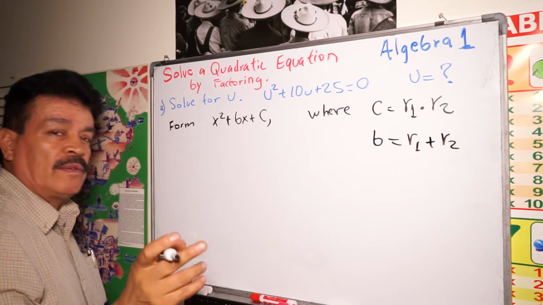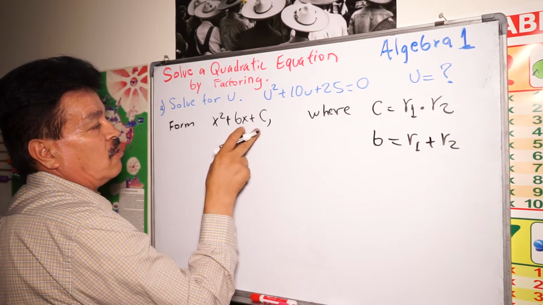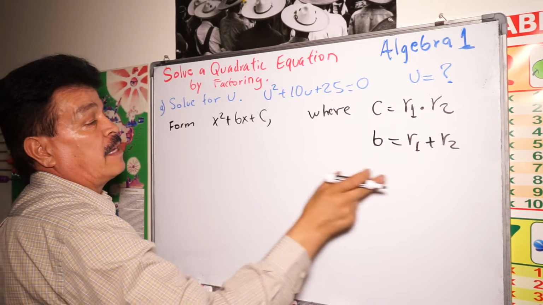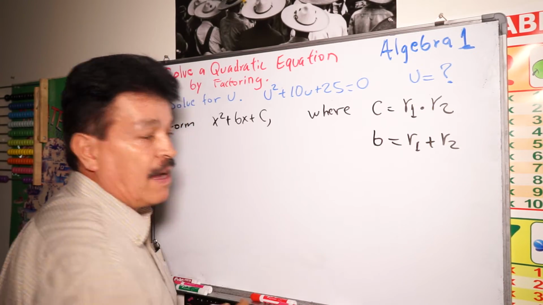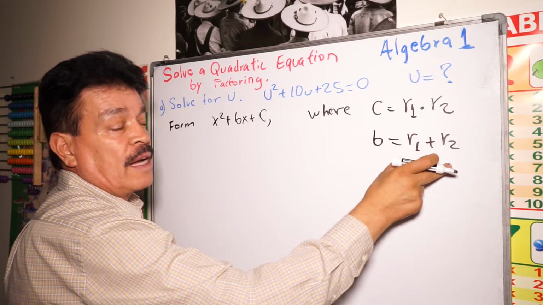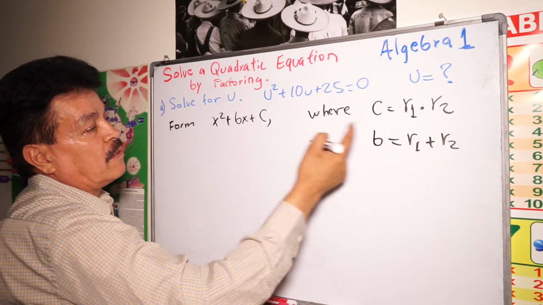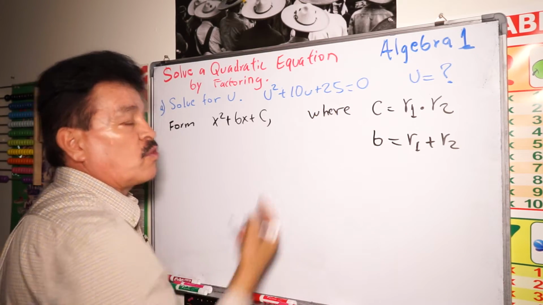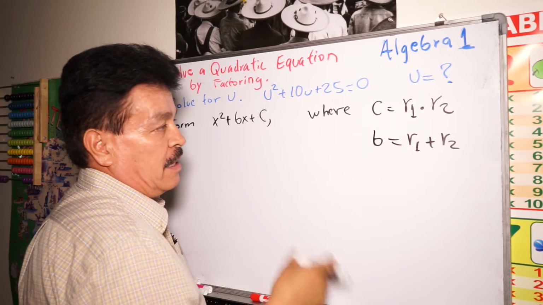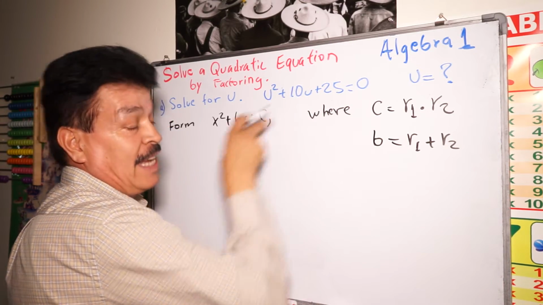I mean, we have to find two numbers. When you multiply these numbers, the result is equal to c. And at the same time, when you add those factors, the sum must be equal to b. All right. So two numbers that when you multiply must equal 25, and at the same time, when you add, must equal 10.